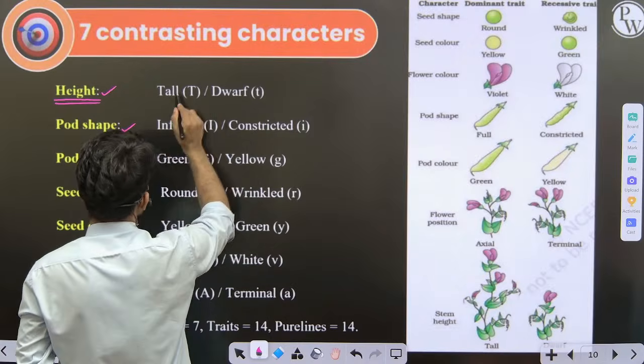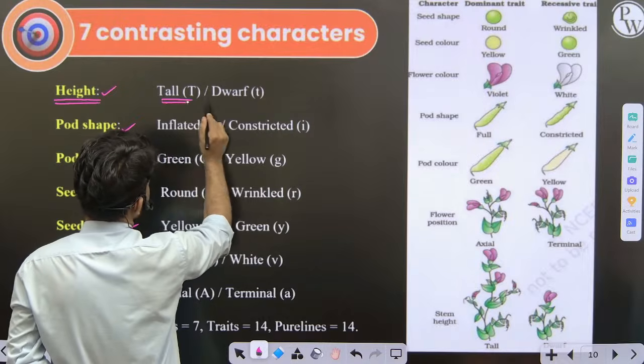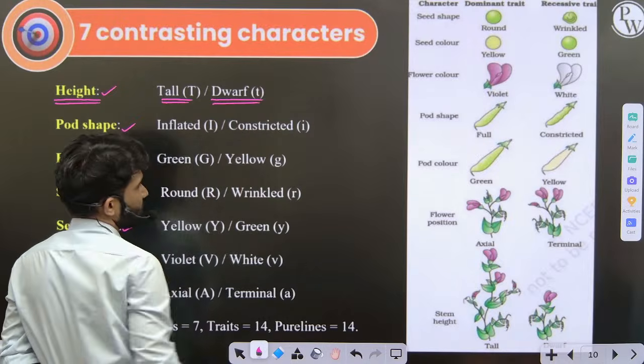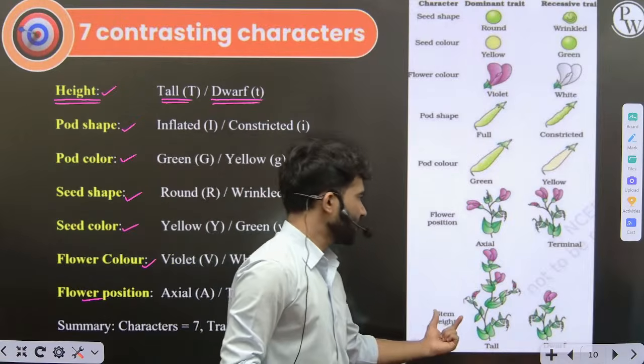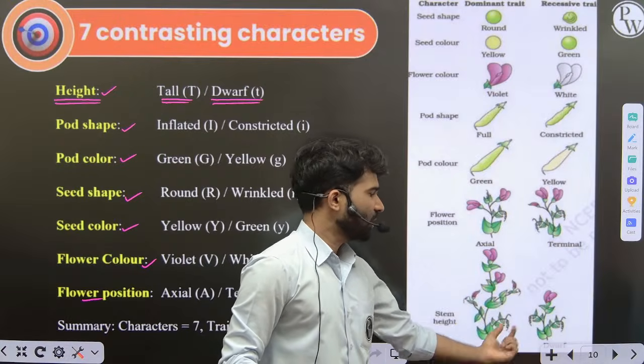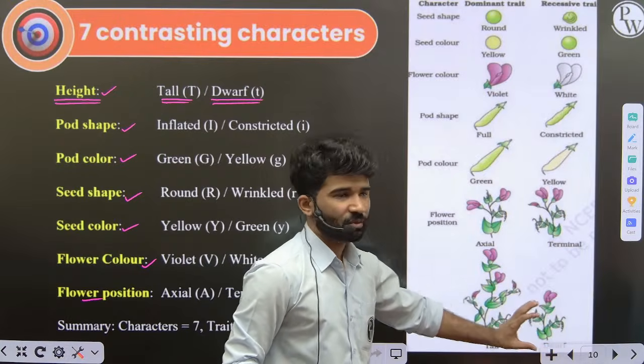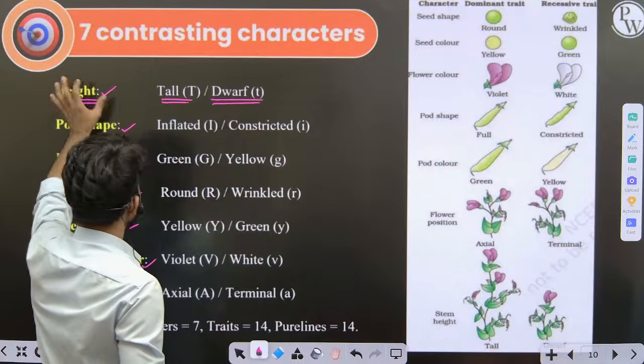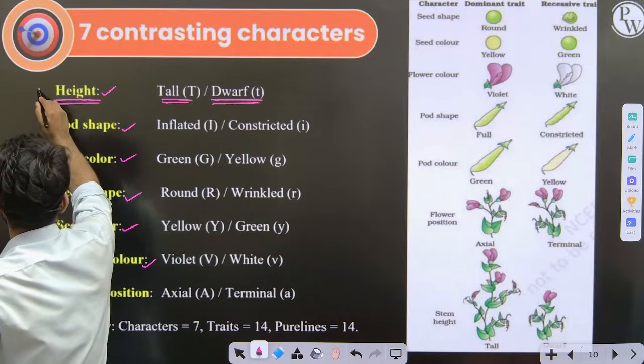One is tall and the other is dwarf. You can see here that one is tall and another one is dwarf. That is the stem height character. That is the first character.